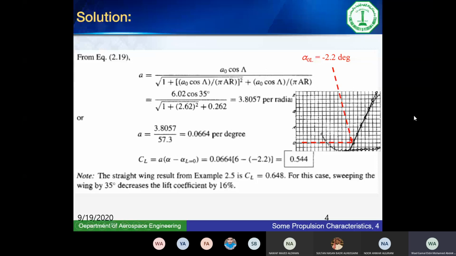No raised hands? I just explained it. So why would it be different? Okay, the 0.8 that we get from the graph is for the 2D section. What do we mean by a 2D section? That means it's a wing that's extending, ideally, from infinity to minus infinity. That's a 2D wing.